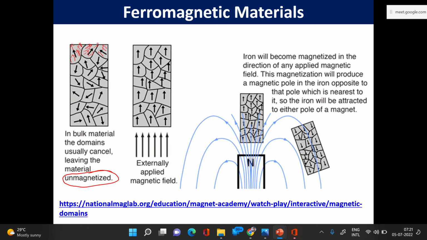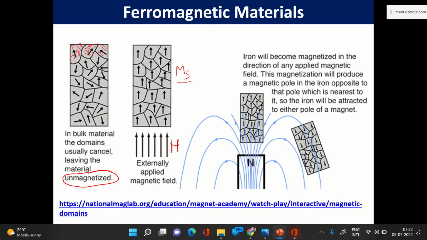Then what happens is that when you apply the external field H, the applied magnetic field, you reach the case of the maximum value MS. So this is 0 magnetization, and this picture corresponds to the saturation magnetization.